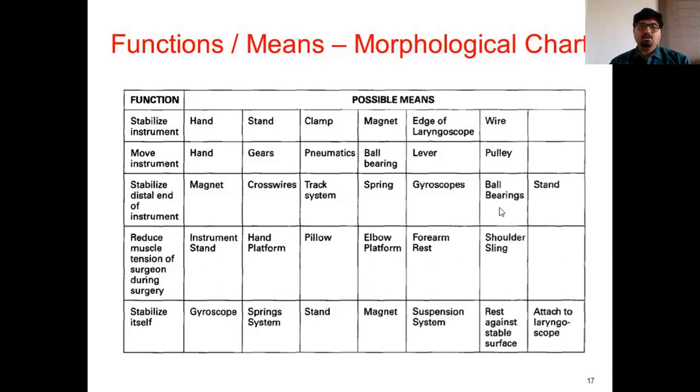Stabilize itself: gyroscope, spring system, stand, magnet, suspension system, rest against stable surface, or attached to a laryngoscope. It looks like the supporting aid for the person who is going to do surgery and not get fatigued while doing this particular operation. These are all the possibilities which need to be taken care of to develop the supporting aid to do this operation of surgery.